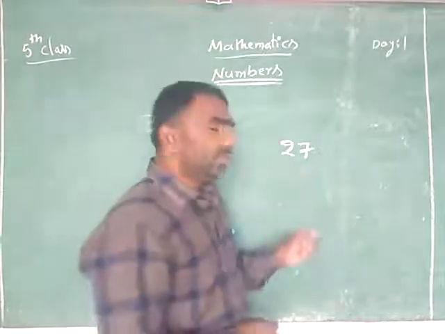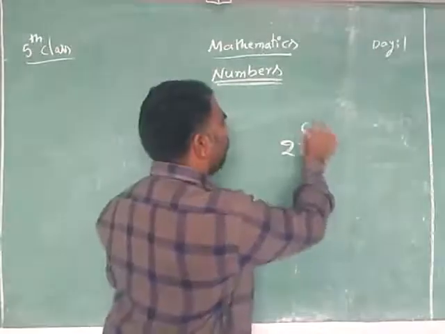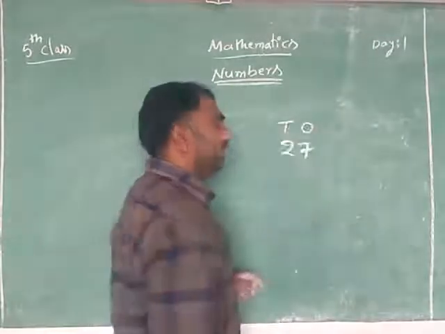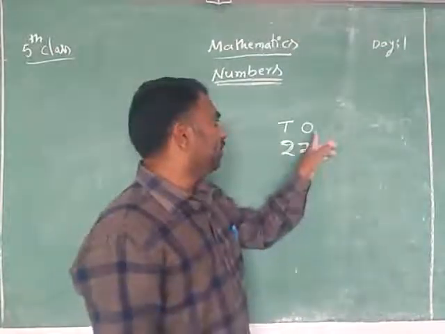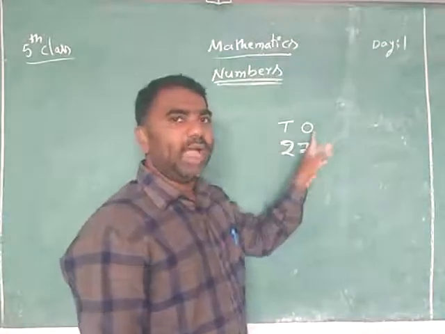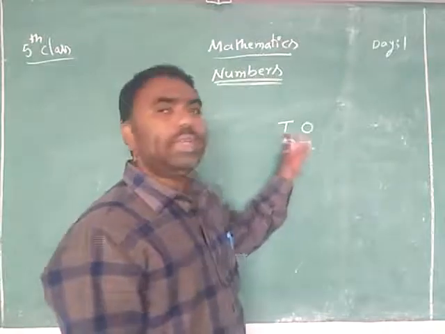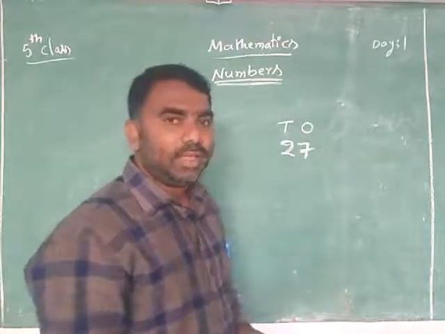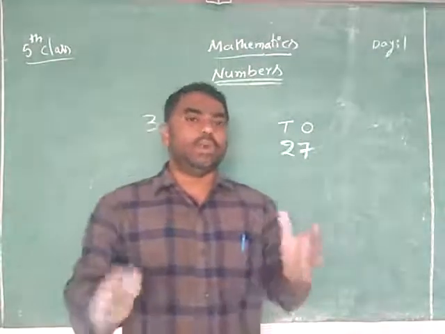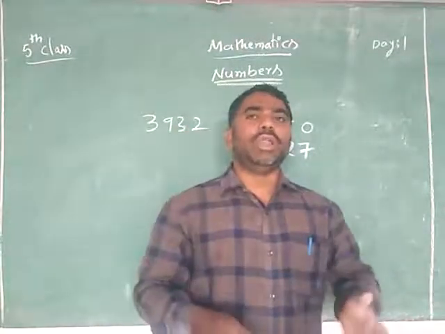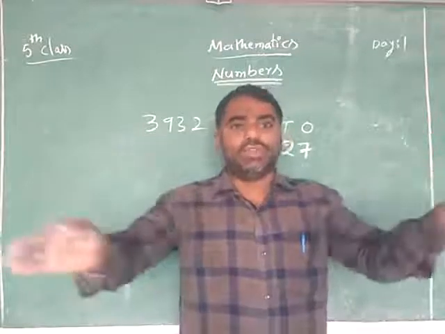So here this is called the ones place and this is called the tens place. The 7 is in the ones place and the number 2 is in the tens place. So in our method, when so many objects are there with you, you will not keep them together loosely.